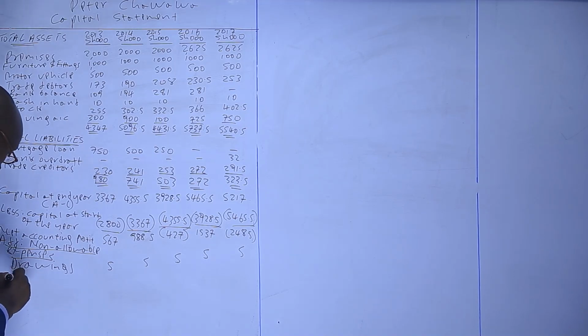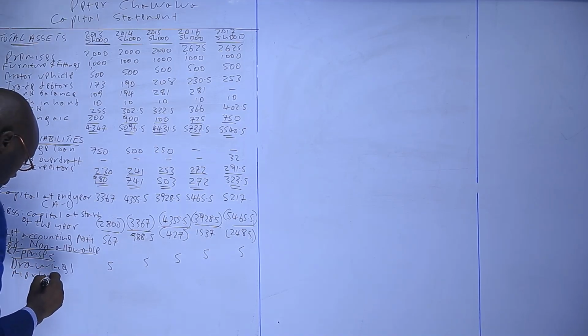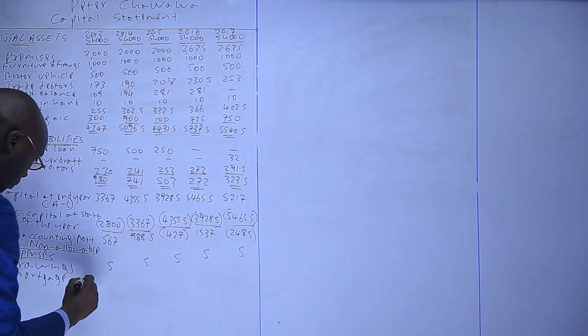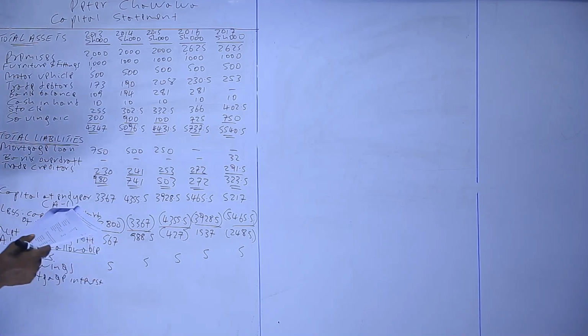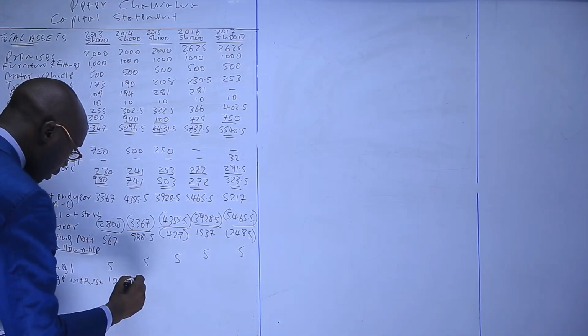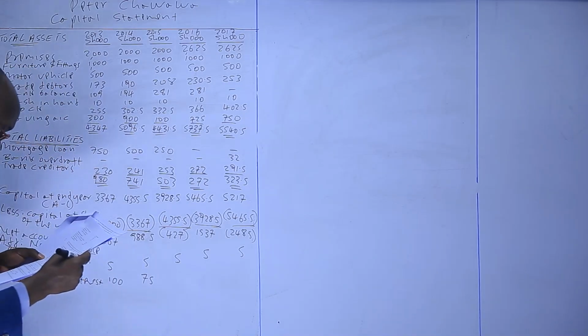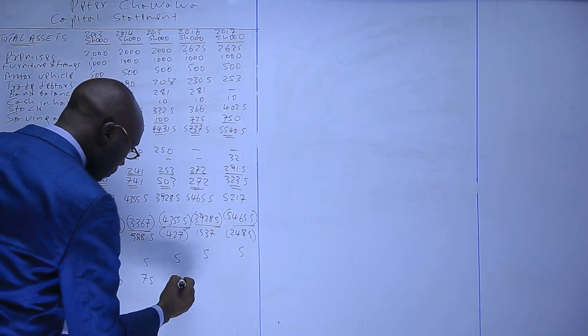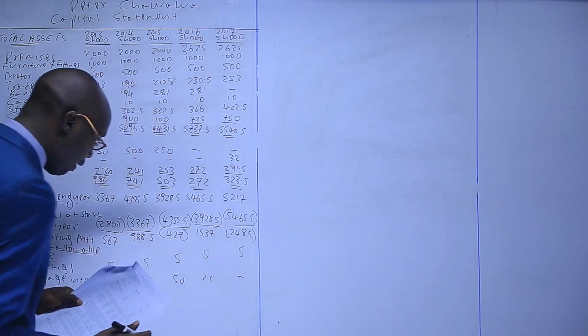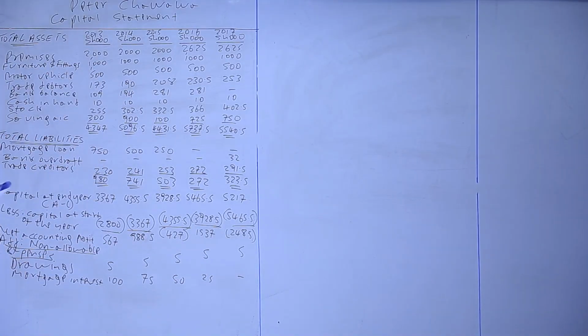Mortgage interest we are told is 100, 75, 50, 25. Number 6 is about the saving account and interest earned.